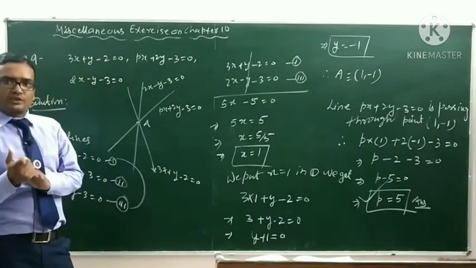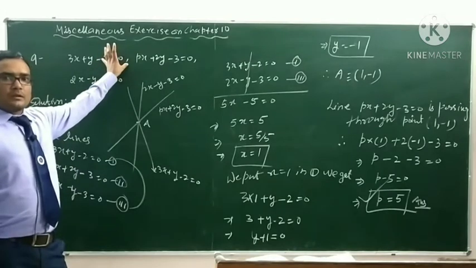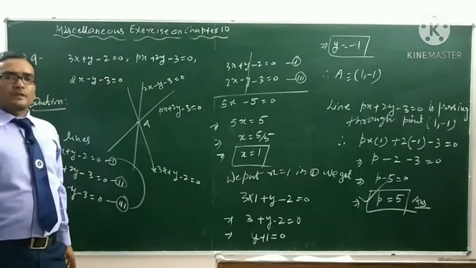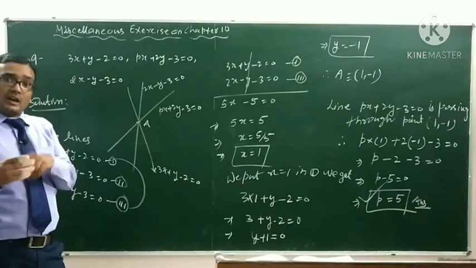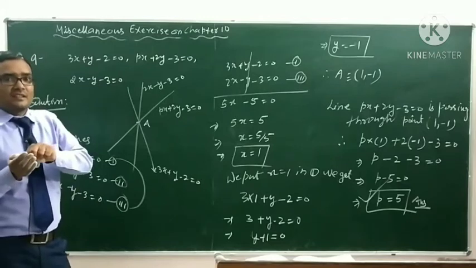You understood this question? 3 lines intersect at a point.